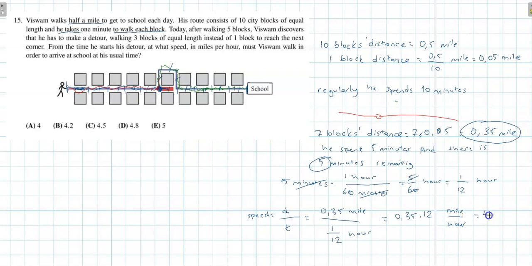When we do our calculation, 35 times 12: 5 times 2 is 10, 3 times 2 is 6, 1 plus 7, and then 5 times 1 is 5, 3 times 1 is 3, so the result is going to be 420, but since we need to divide it by 100, it's going to be 4.2 miles per hour. So the answer is going to be B.